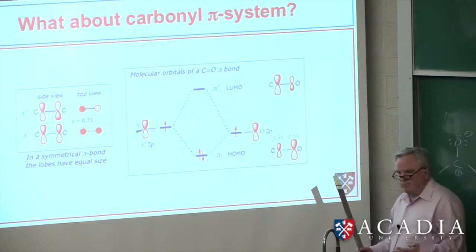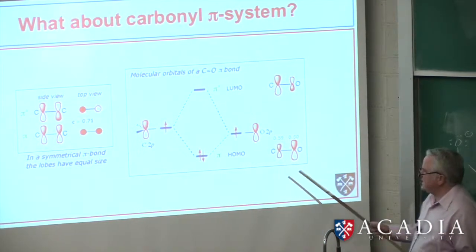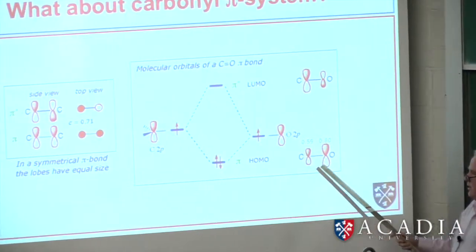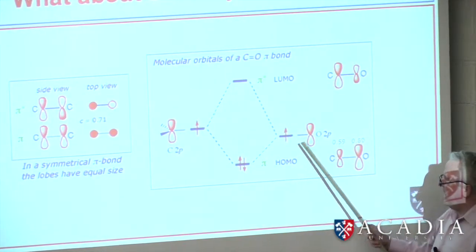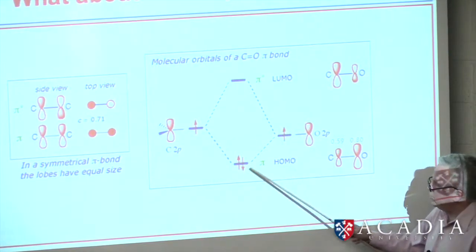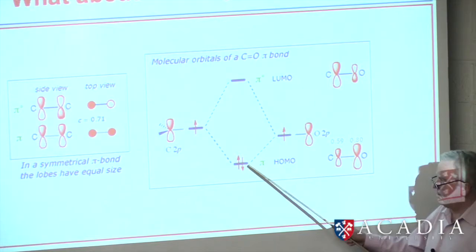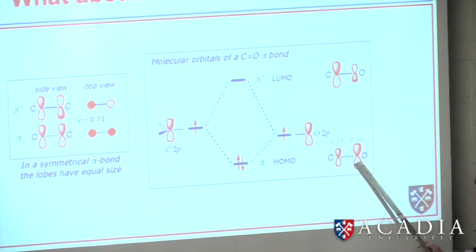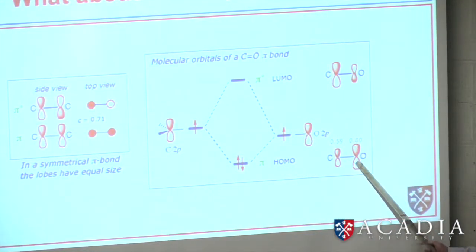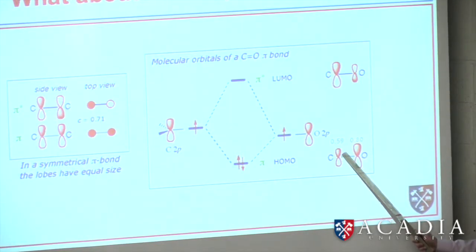So they can still mix, and what we end up finding is in the molecular orbital, the one where we mix in phase, the lower energy one is going to contribute more to what the real molecular orbital looks like. And we indicate that by showing that we have a bigger lobe on the oxygen than on the carbon.